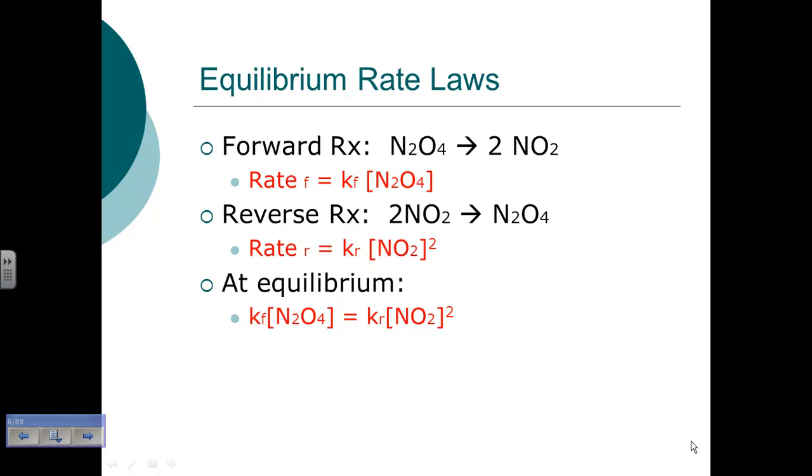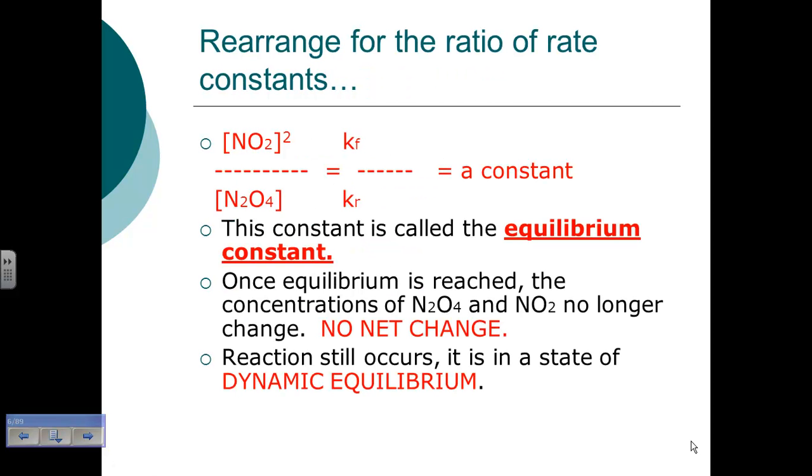If the rates are equal, we can set up our rate law for the forward reaction directly equal to the rate law for the reverse reaction. Kf times the concentration of N2O4 to the first power, set equal to Kr times the concentration of NO2 to the second order. The forward and the reverse reactions are indeed at equal rates.